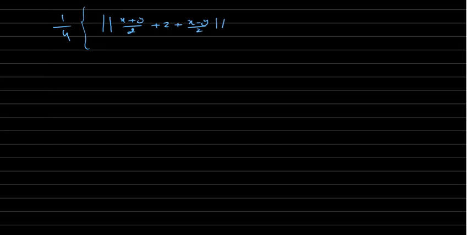Okay. Norm of x plus y whole square plus norm of x minus y. In place of x again this (x plus y)/2 plus z, and y is here (x minus y)/2.